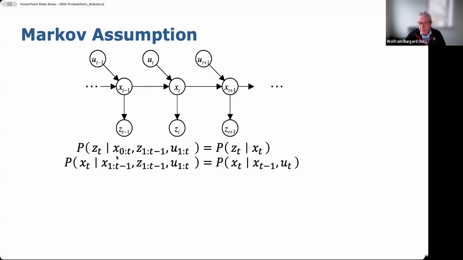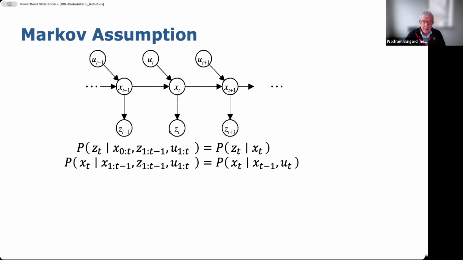However, if I tell you in which state I am, then all of a sudden it boils down to just the uncertainty of the particular measurement, which means that the previous measurement doesn't tell you anything about the current measurement.